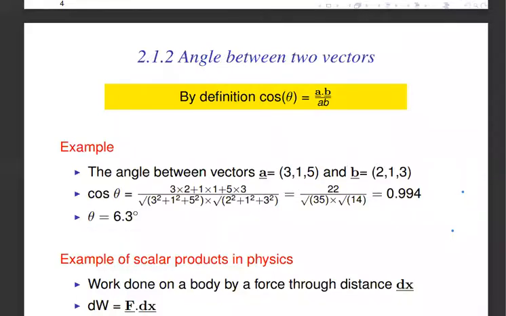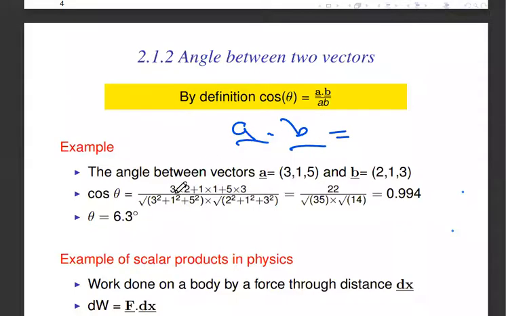Then the dot product of A and B, which will answer that question, is equal to the product of x coordinates, 3 times 2, plus the product of y coordinates, 1 times 1, plus the product of z coordinates, 5 times 3. This is the dot product.